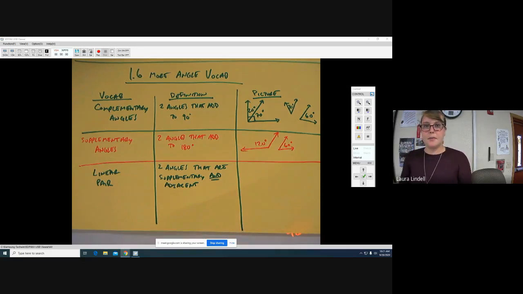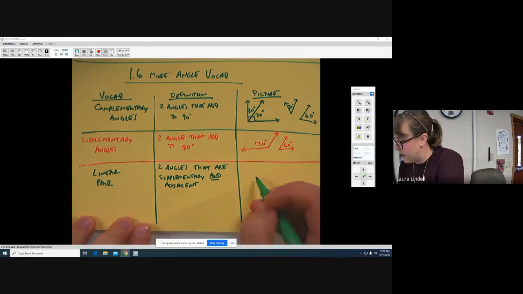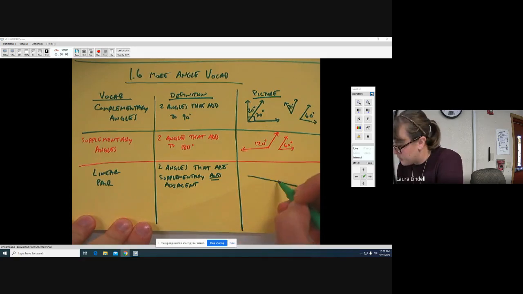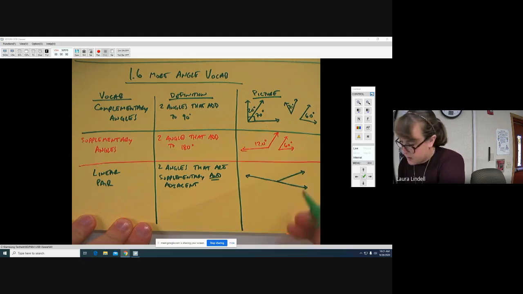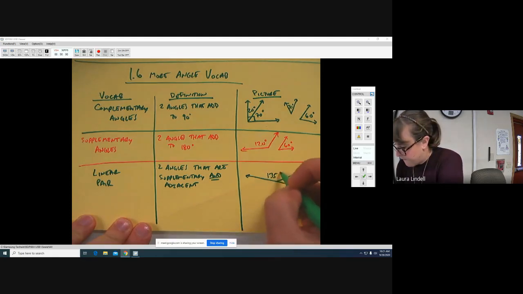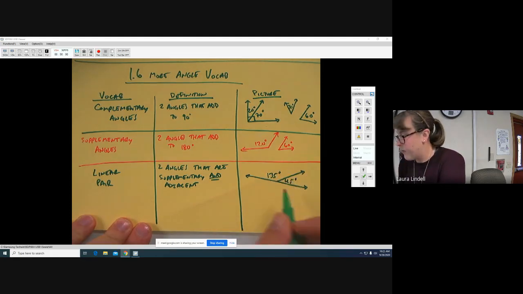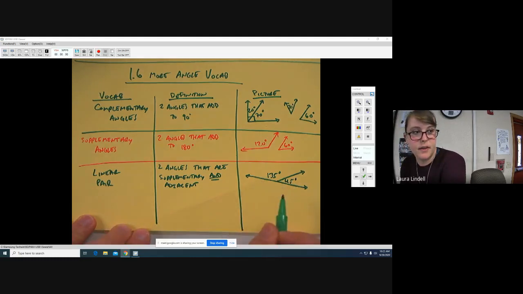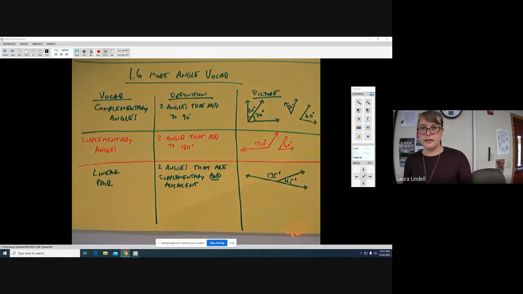So that means that they add to 180 and they share a ray. So the picture that we get for linear pair could be something like this. Whenever they share a line, whenever they're along the same line together like this, that would make them a linear pair. So that's kind of why the word linear is part of it. They're along a line together, and they make up that entire line.